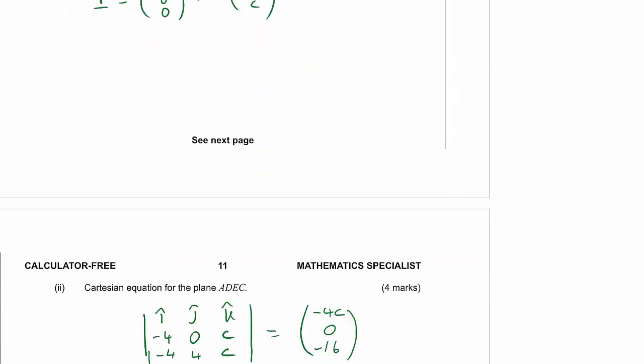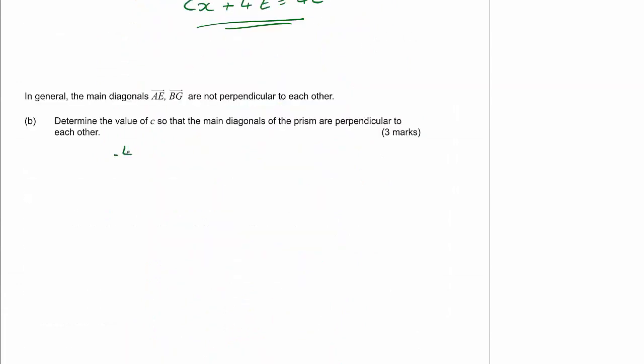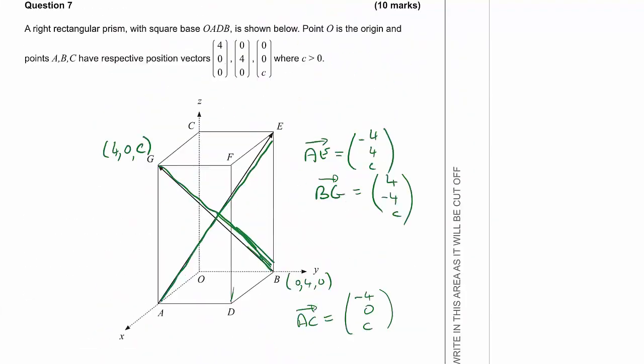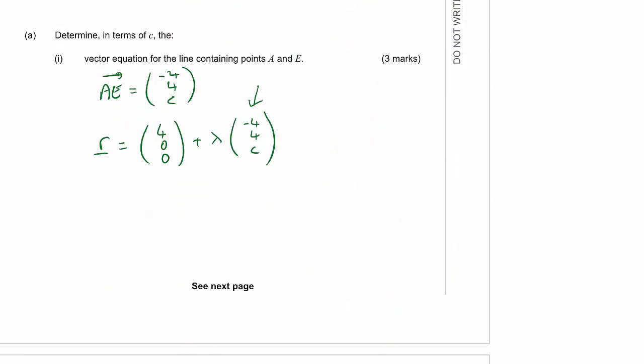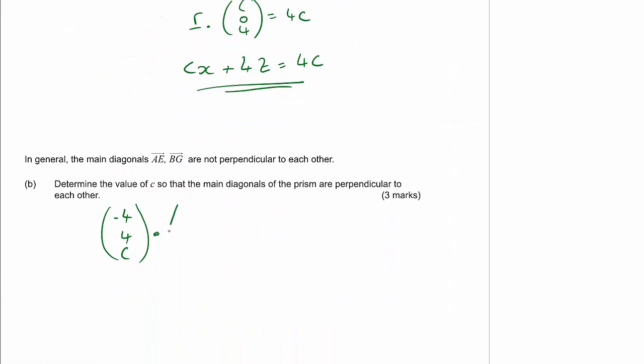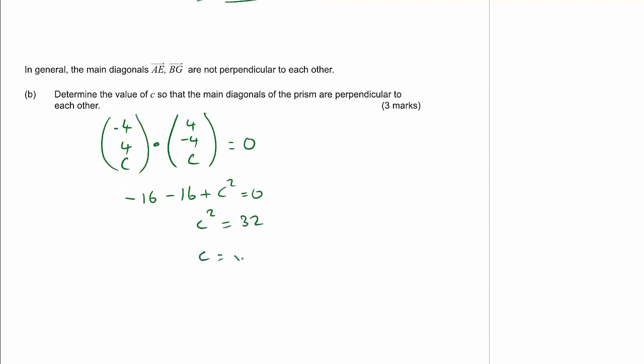So we've got (-4, 4, c) dotted with (4, -4, c) is equal to 0. So that's -16 take 16 plus c squared is 0. That gives me c squared is 32. So c is the square root of 32. 32 is 16 times 2. So c is 4√2.